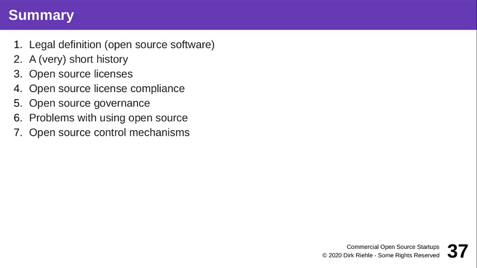And we looked at problems with using open source in products, or ways of how vendors or companies who own open source possibly also control it. And that might be you if you're such a vendor, or this is something you need to know about if you're using somebody else's open source code.